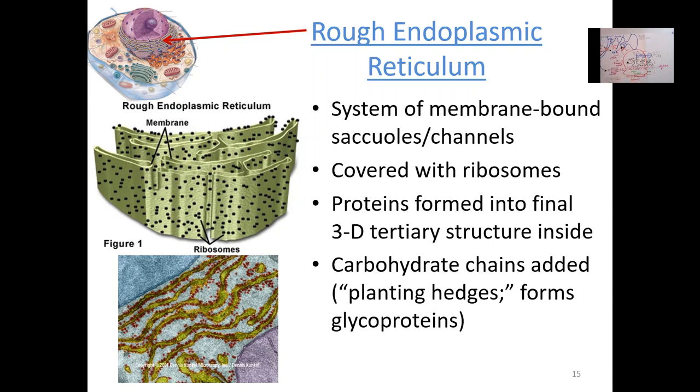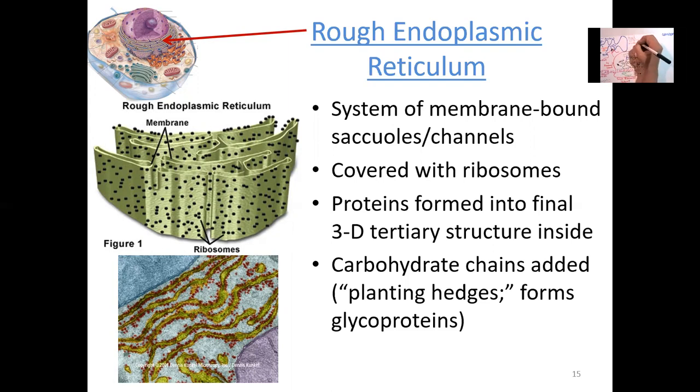And just like we saw earlier today, a lot of the proteins that are embedded within the plasma membrane aren't just plain old proteins. A lot of them have carbohydrates attached to them. So this gives the cell essentially like a fingerprint. Well, where are those things attached? They are attached in the rough endoplasmic reticulum.